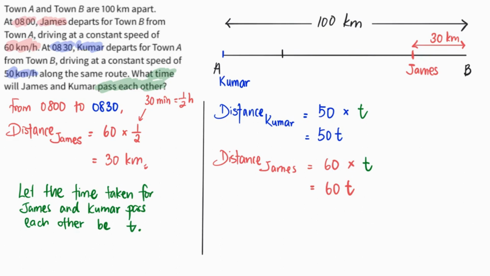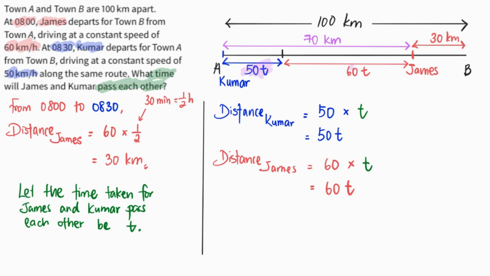So when I represent this on this particular diagram on top, then it will be something like this, where we would have the 50T here, and I will have my 60T here. And a very important thing that everybody need to know is that actually for this part of the journey is 70 kilometer, isn't it?